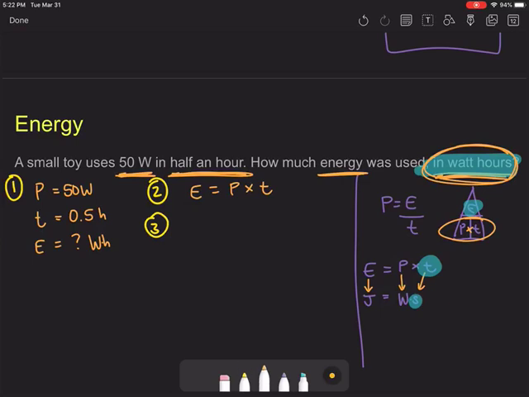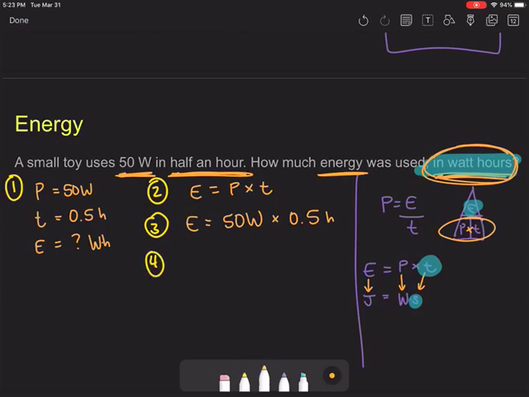Step 3, we're going to plug in all of our values here. And just this once, I'm going to plug in all of my units so that we can see how those units work out a little bit better. So for power, we have 50 watts. And for time, we have 0.5 hours, right? Because half an hour is 0.5 hours.